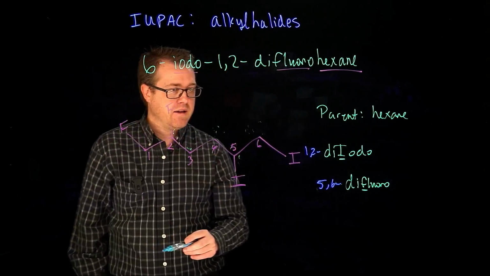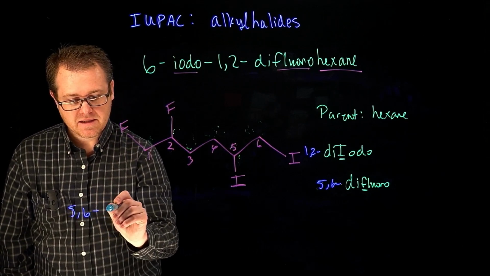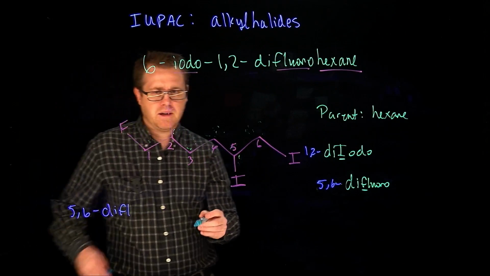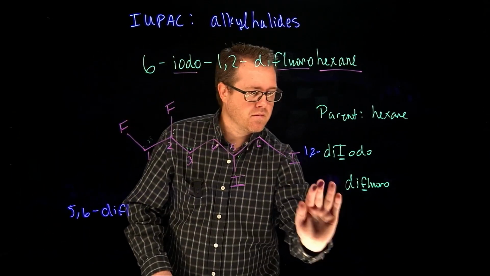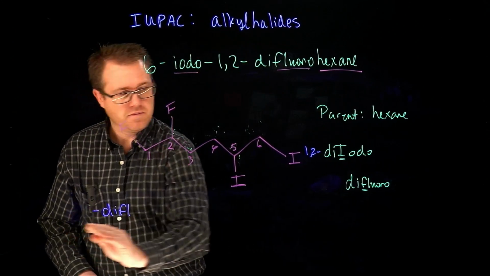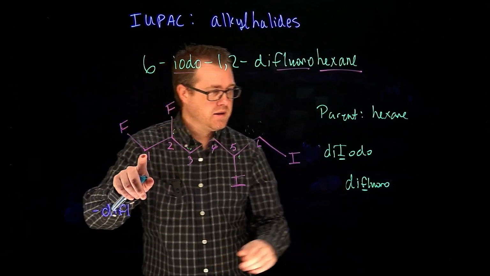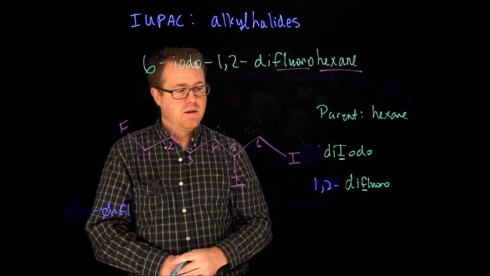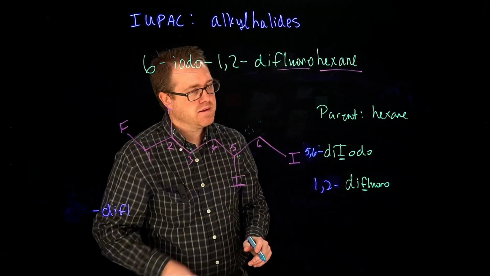We just put it all together. So we would have a 5,6 difluoro. Wait, what am I doing here? Let's calm down here. I'm messing up. Fluorine comes first, so that should be the 1, 2. And then 5, 6. There we go.